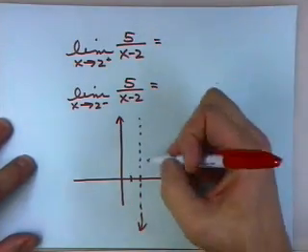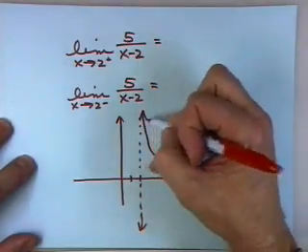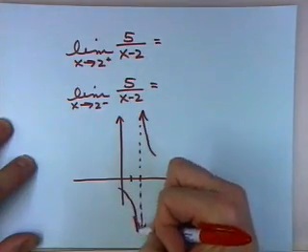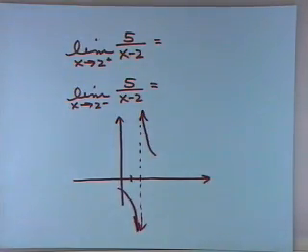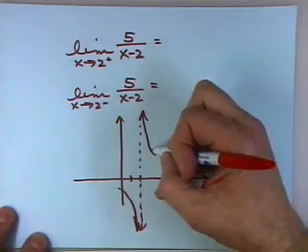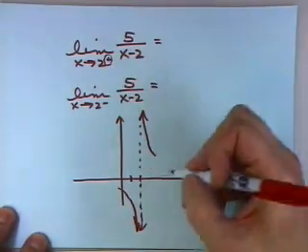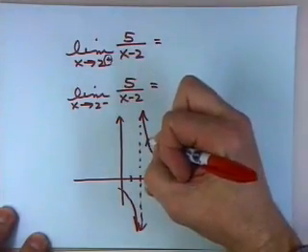On one side we had this thing coming up here, and on the other side we had it coming down here. So let's come in from the right, so with numbers larger than 2.